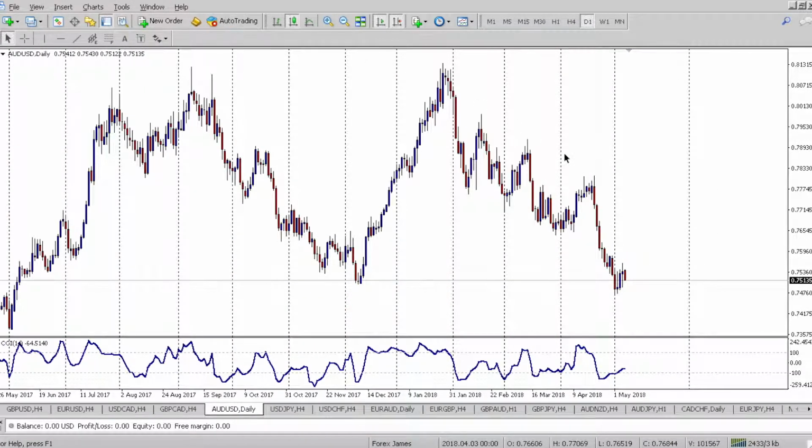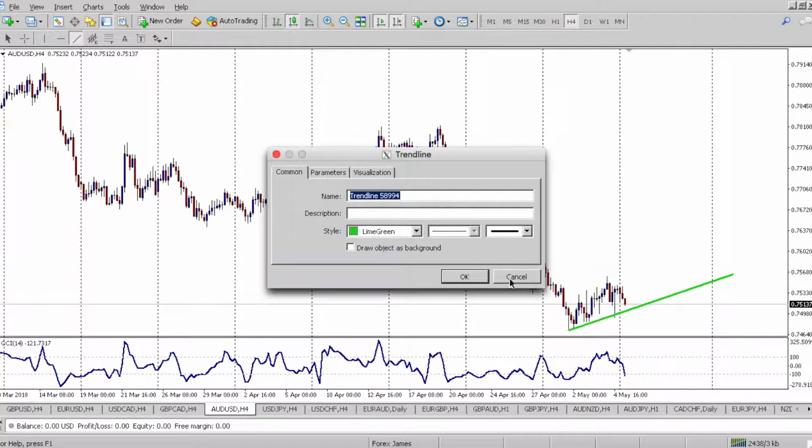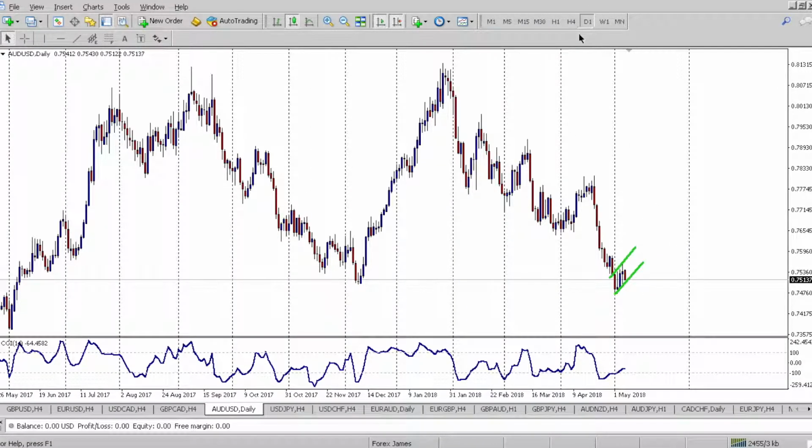Okay, Aussie dollar here. Price has started to range. Let's see what kind of range we're in right now. So this is probably an up channel, right? There are many types of ranges. This is one of them. So I'm going to be cautious here if I'm going to buy, because our overall direction is still to the downside.